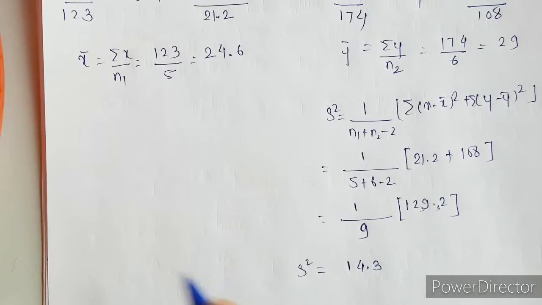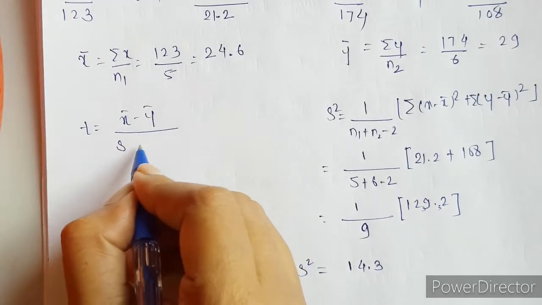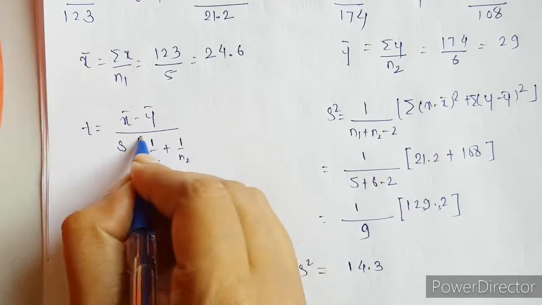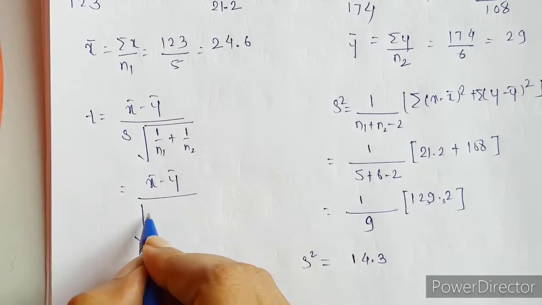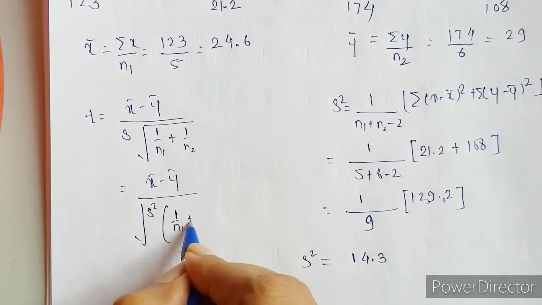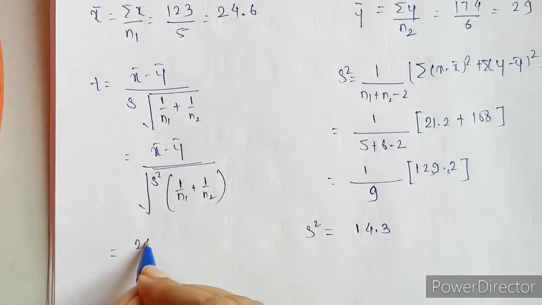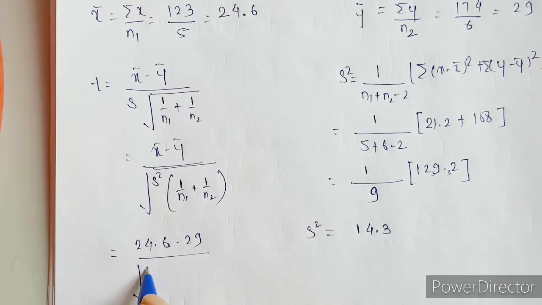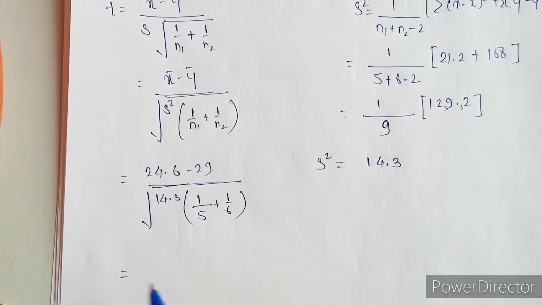Let's substitute this back in t. What is our t? X bar minus y bar upon s into the root of 1 upon n1 plus 1 upon n2. We can even write this as x bar minus y bar upon the root of s square into 1 upon n1 plus 1 upon n2. X bar is 24.6, y bar is 29, s square is 14.3, n1 is 5 and n2 is 6.